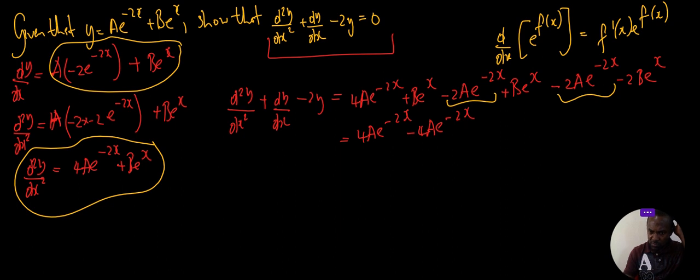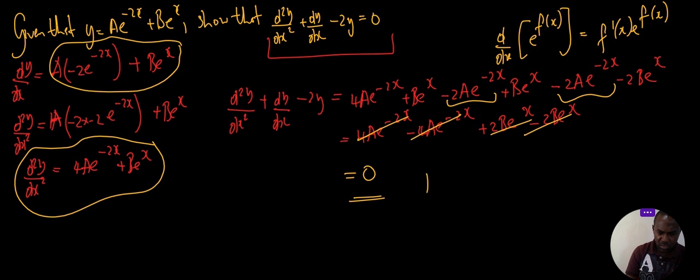Similarly, we have b e to the x plus b e to the x, and those combine to give plus 2b e to the x. And then now we have to subtract 2b e to the x. So clearly, these two cancel, and these two cancel, so the result is simply equal to 0. And once again, we've proven the desired result.